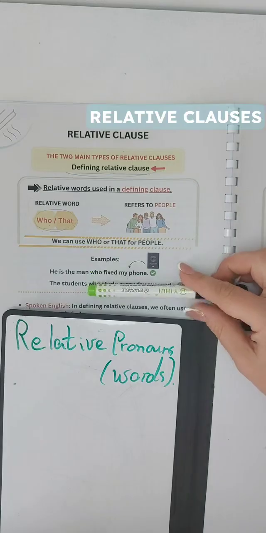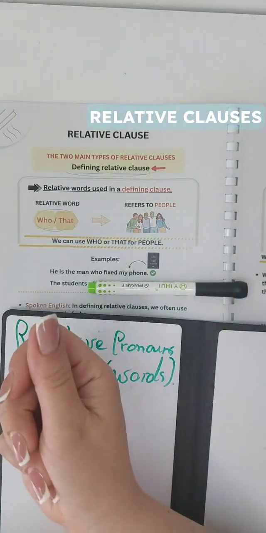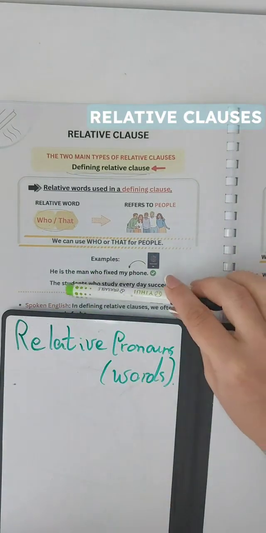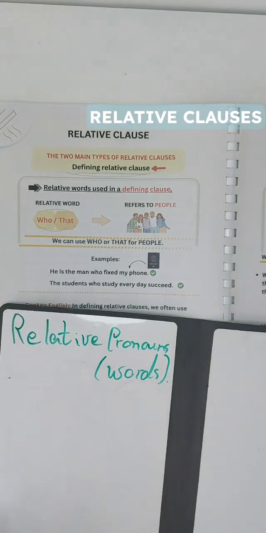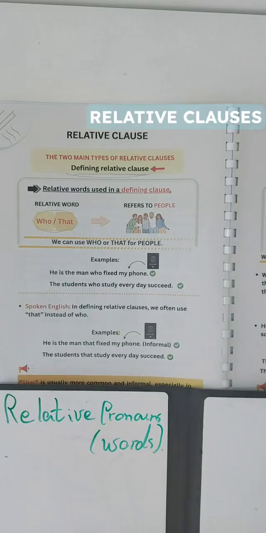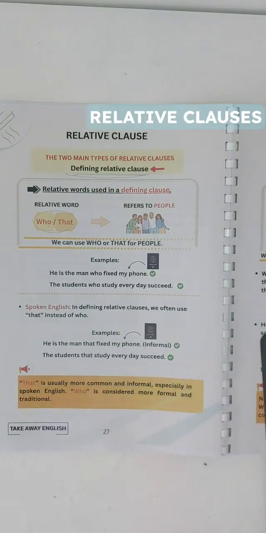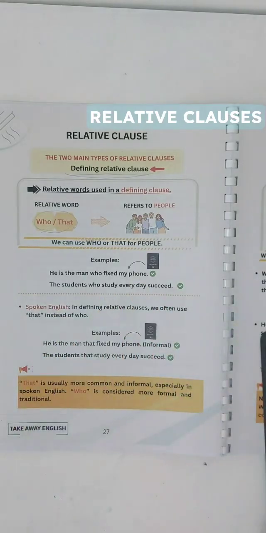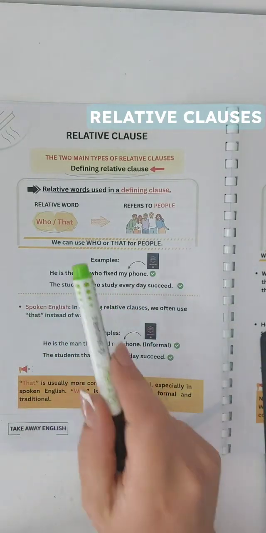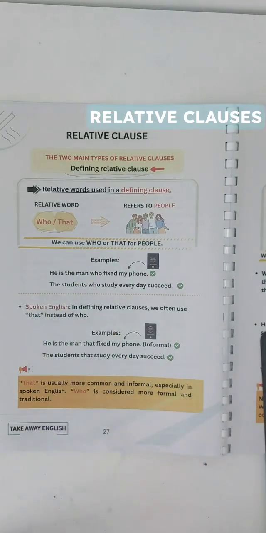We need essential information about the students. The students who study every day succeed. Exactly. Thank you, Jean-Charles. So this is a defining relative clause. We need essential information to identify the man and the students.